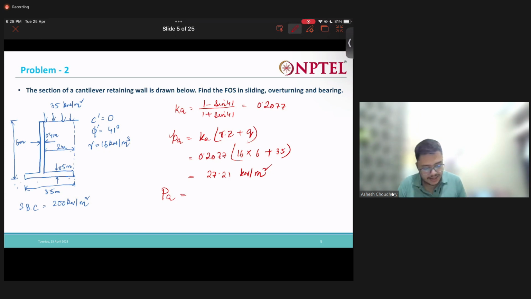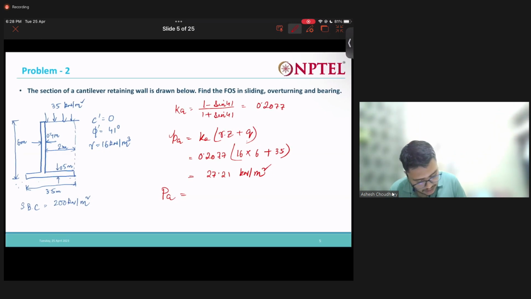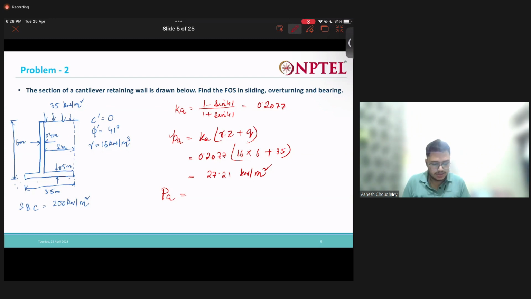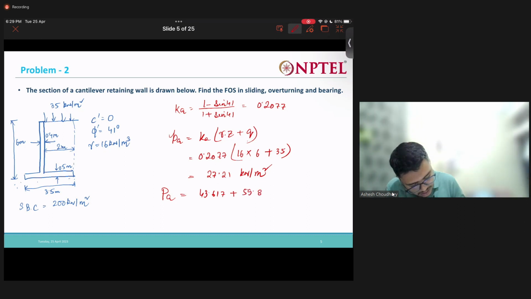So what will be the total area of this? You can do 35 into 0.2077 into the height, which is 6 meters, is 43.617, plus half into Ka into gamma into height squared, which is 59.817.